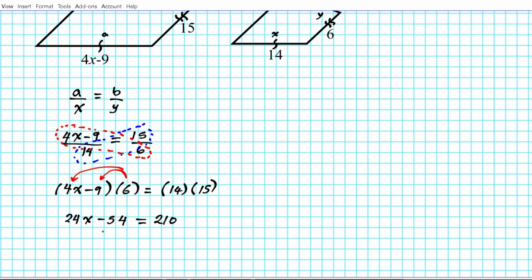Alrighty, so now we're going to solve this resulting linear algebra equation with one variable by adding 54 to both sides and then dividing by 24. Alrighty, so add 54 to both sides, and then what is that going to give us? We're going to have 24x is equal to 264.